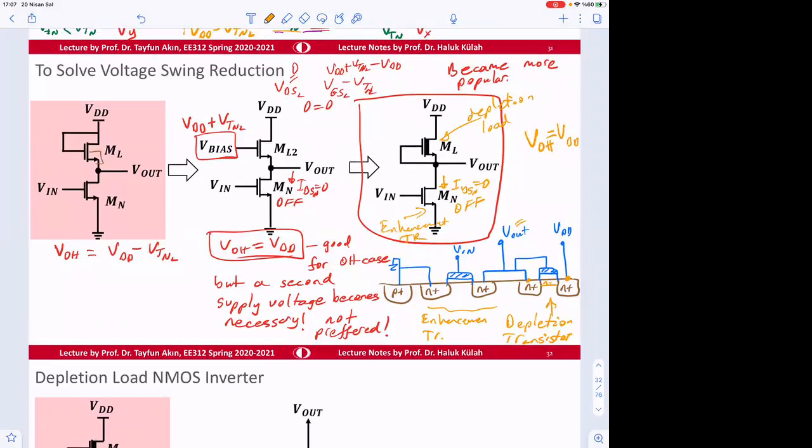Just by doing one simple addition of doping, people obtain this device. So this is MN, this is ML. And then increase that output voltage to VDD. Okay, so the output low is not equal to 0 again, but this one is good.